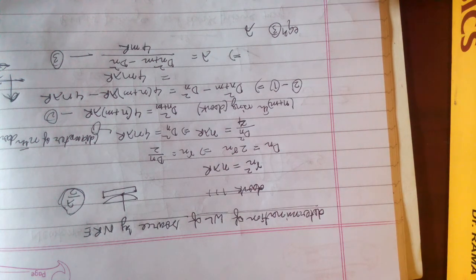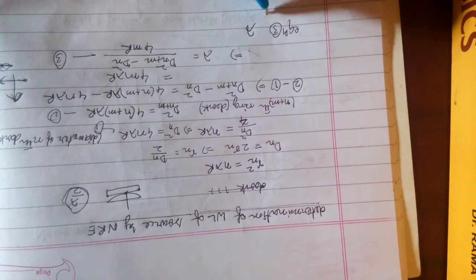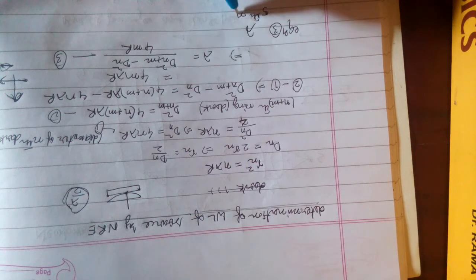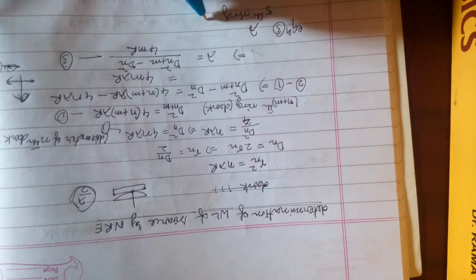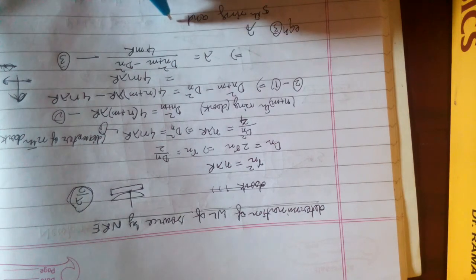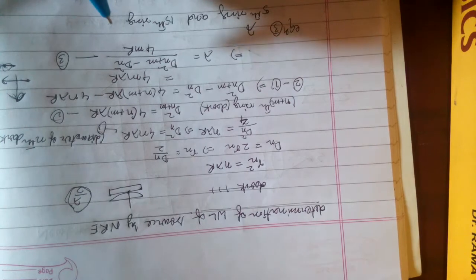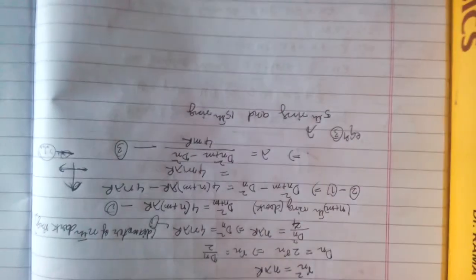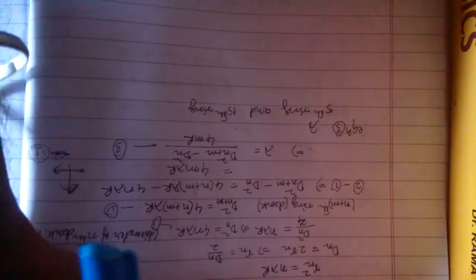Now suppose we consider n as the fifth ring and n plus m as the 15th ring. n plus m is an abstract value, so n and n plus m should have specific numerical values so that we can find the numerical value of lambda.